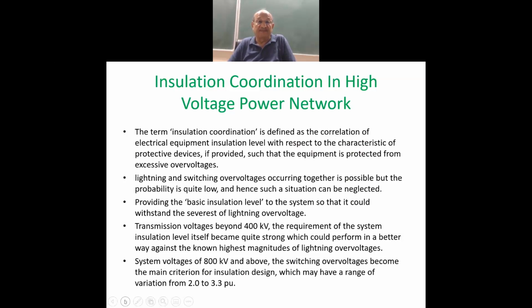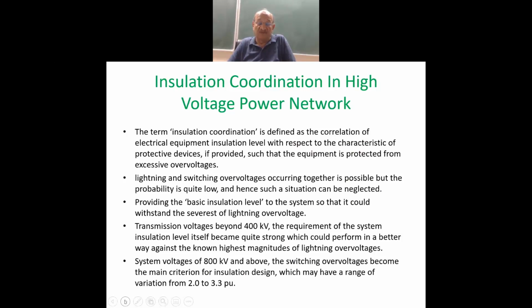So you can say the significance of lightning overvoltage in the network at 800 kV and above was diminished. What determined the insulation level there was the overvoltages produced because of switching surges, which are proportional to the rated voltage itself, as written here.